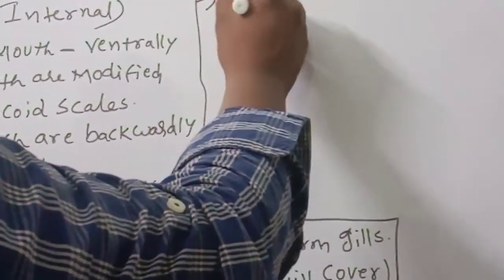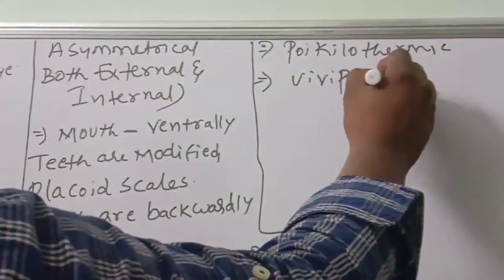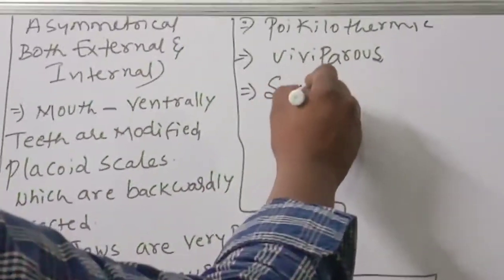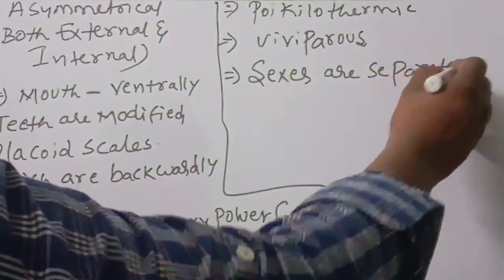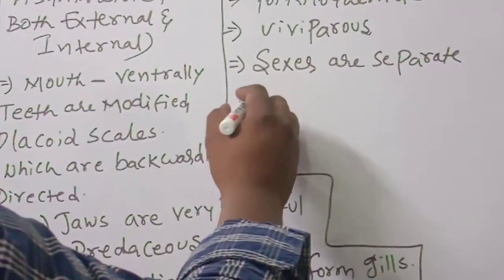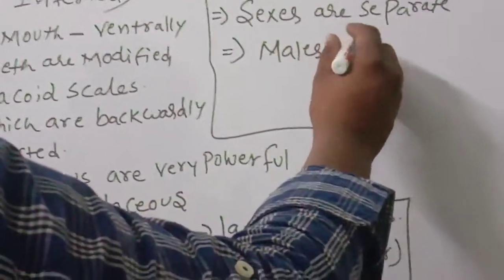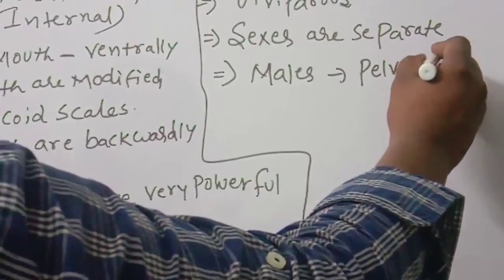And they are viviparous. The sexes are separate: male is separate, female is separate. Next, the males bear pelvic fins.